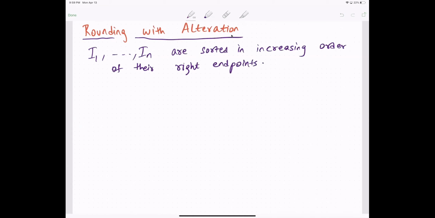This is important because what we'll actually do is a sweep. So this is the real line. We'll start from here and sweep the real line from right to left and access the intervals in that order, starting from In minus 1, In minus 2, right? So we'll keep doing that. And then we'll do something as we reach every interval.